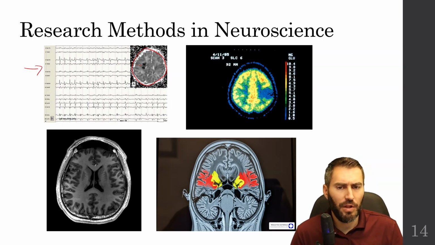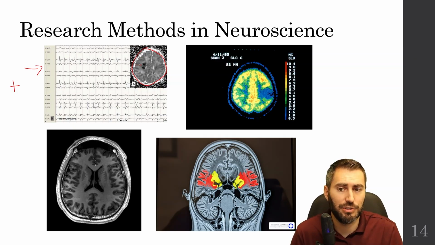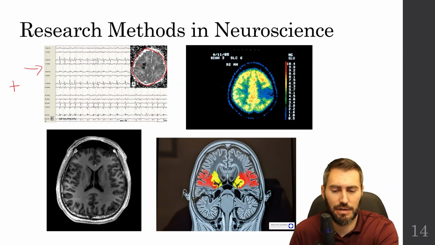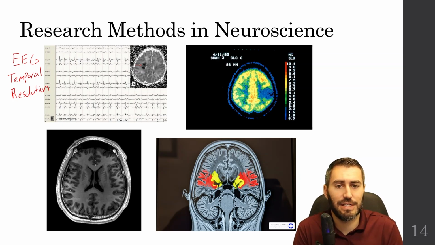And one thing about EEG is it has really good temporal resolution. So we talk about this here. And so EEG, we say, has really good temporal resolution. And this is helpful and important because it allows us to have a really good idea of when certain signals are happening in time.